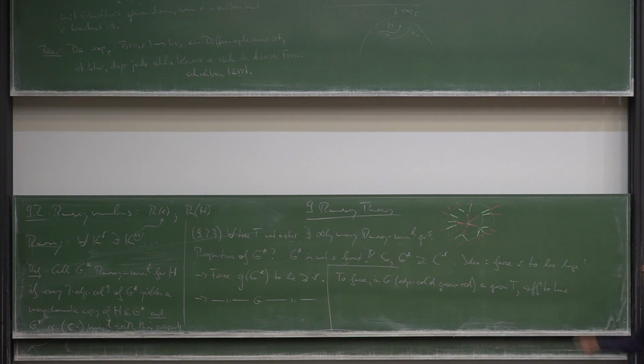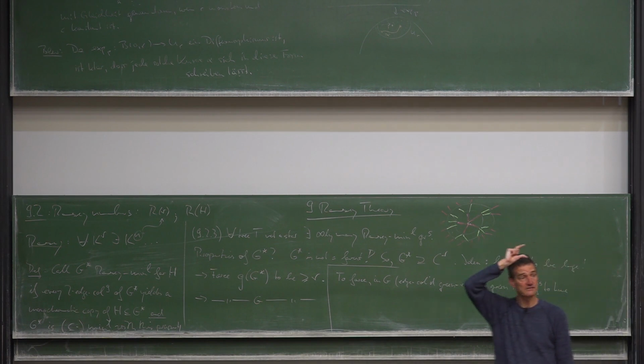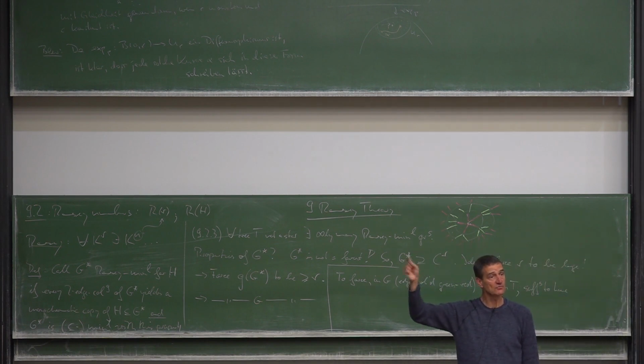As we just saw in the earlier argument, large min degree. So if the min degree is at least the order of T minus 1, then we can find a copy of T.